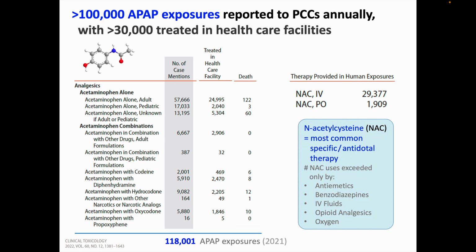In fact, when you look at all the different therapies used to treat all poison patients, the number of uses of NAC, over 30,000 times per year that we know of, is only exceeded by the use of antiemetics, benzodiazepines, IV fluids, opioid analgesics, and oxygen. And all of those are pretty non-specific supportive care measures, making N-acetylcysteine arguably the most important antidote you'll need to know just from how commonly it's used.